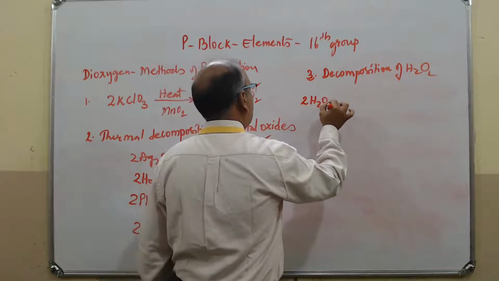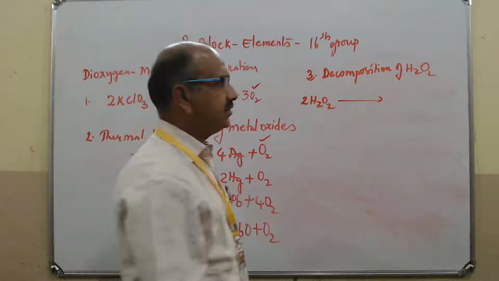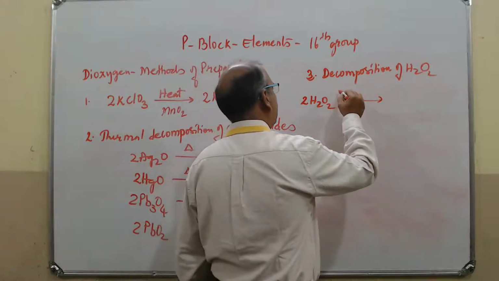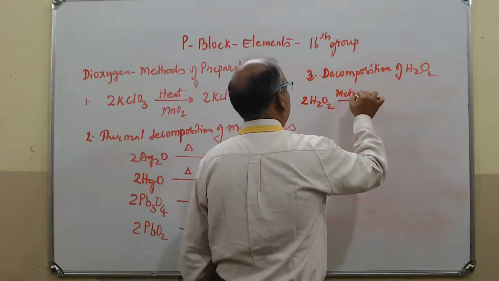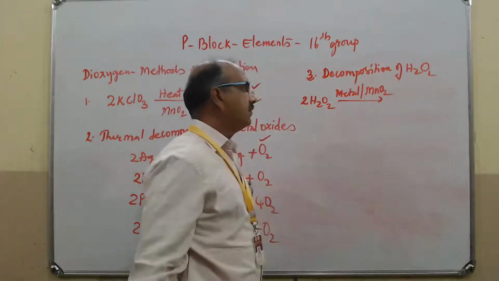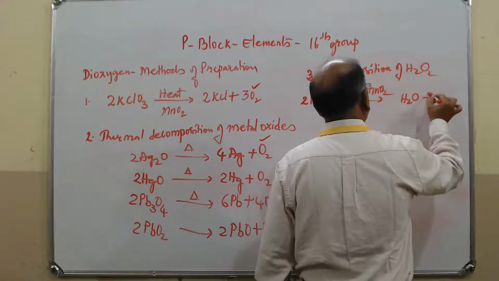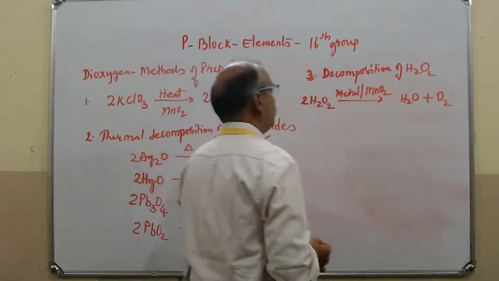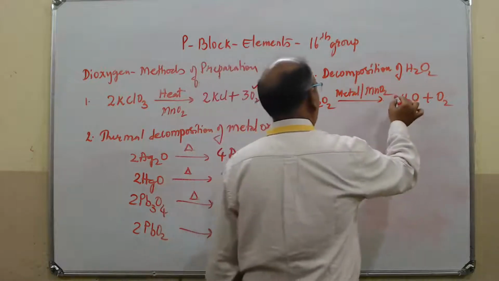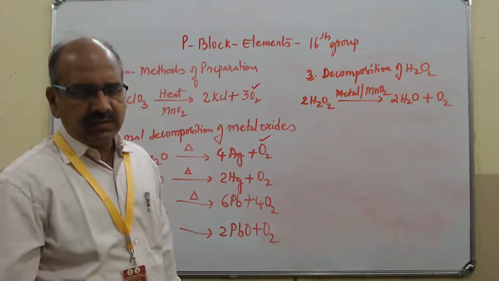On decomposition in the presence of a metal or manganese dioxide, H2O2 gives what? H2O plus O2. Balancing, it is 2H2O plus O2. This is a good method.